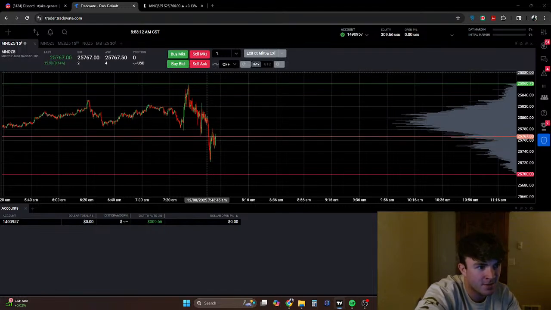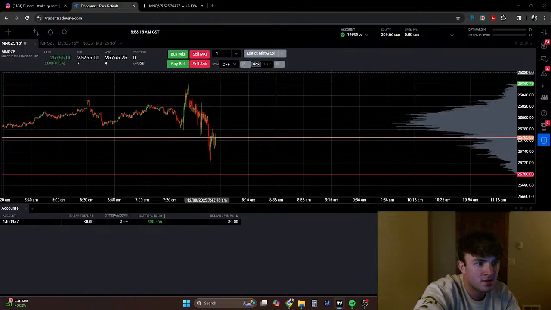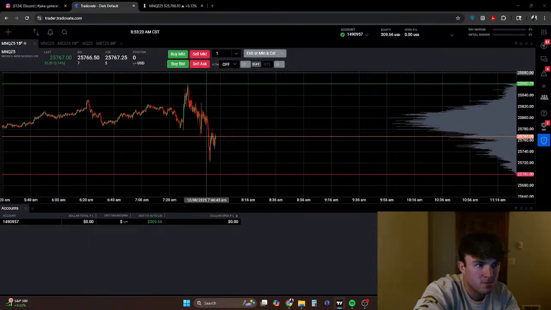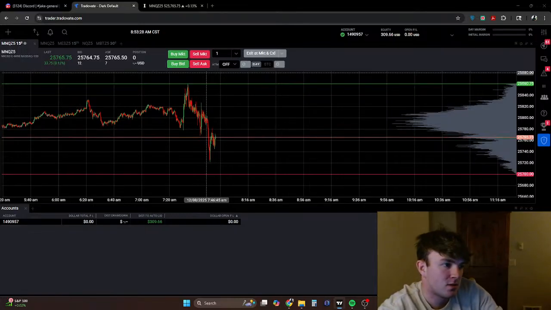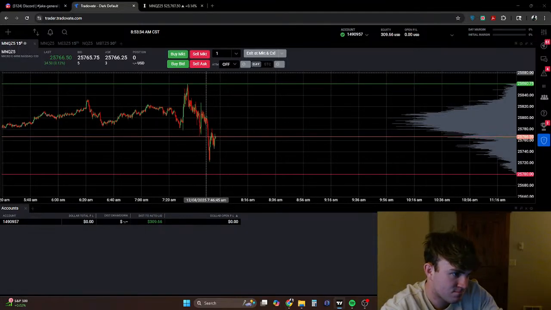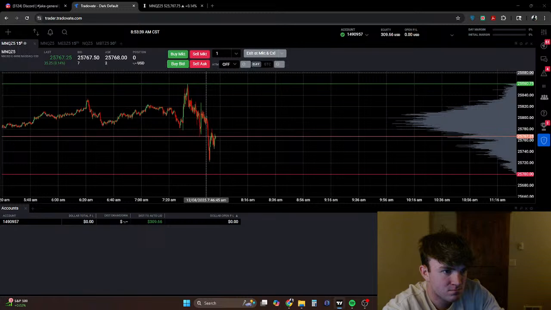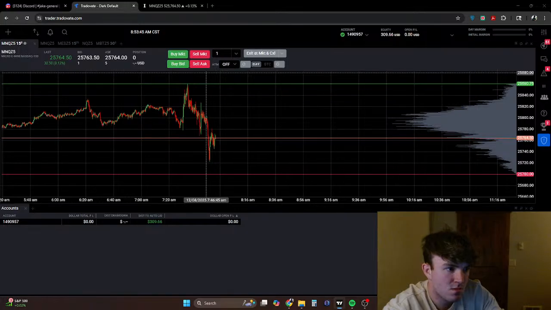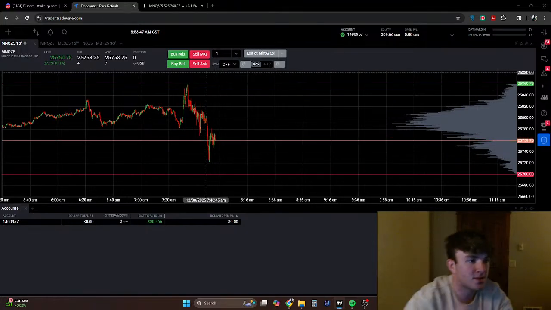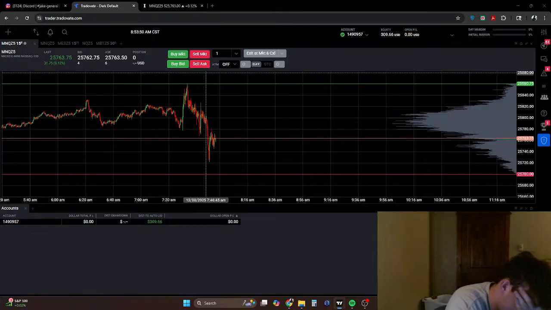Sell side of the curve, buy side of the curve. Once again, I'm bullish. So I mostly just want to see an inversion fair value gap.